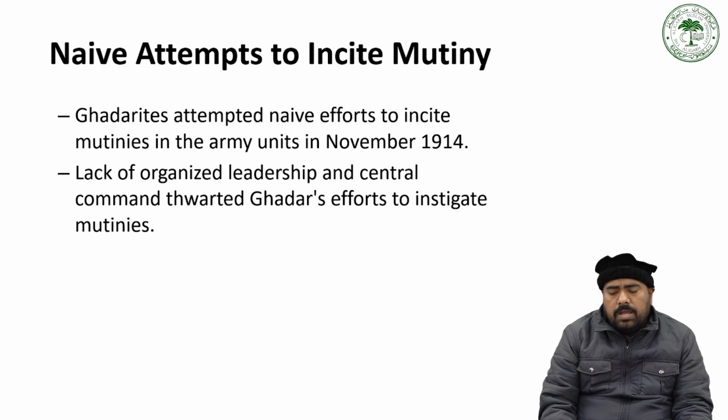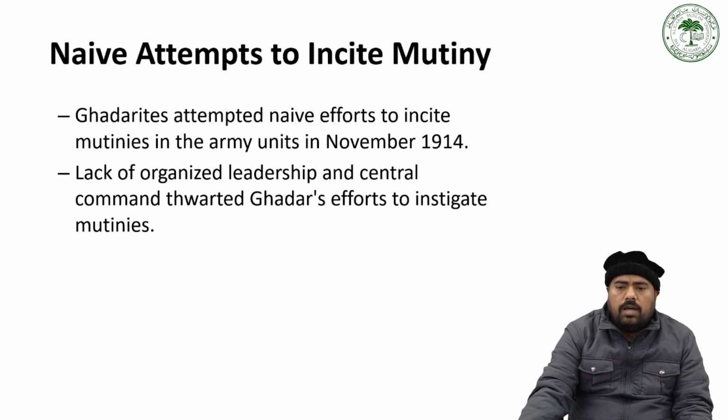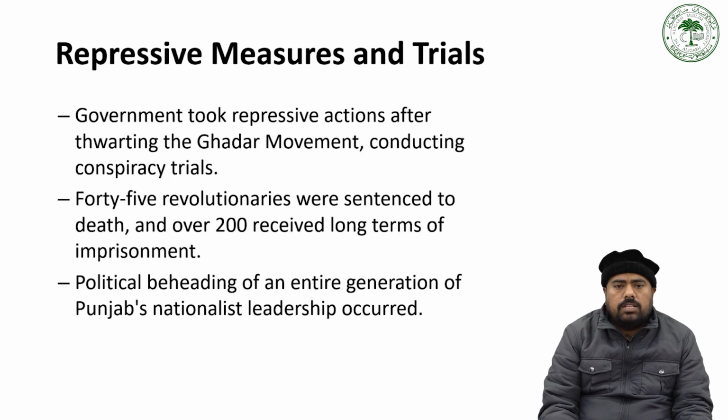Now, the preemptive measures by the government, including arrests and effective penetration, crushed the Ghadar movement. And especially these repressive measures and trials, where the government took all kinds of repressive actions after thwarting the Ghadar movement, conducted conspiracy trials. 45 revolutionaries were sentenced to death, and over 200 received long terms of imprisonment.